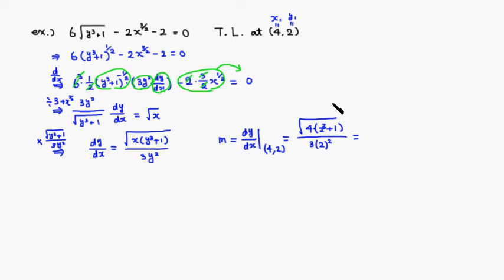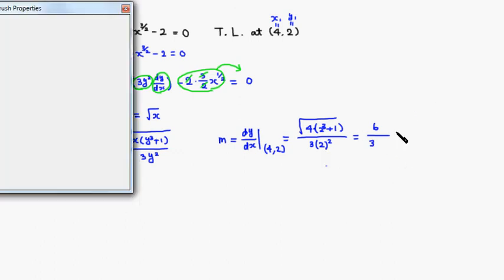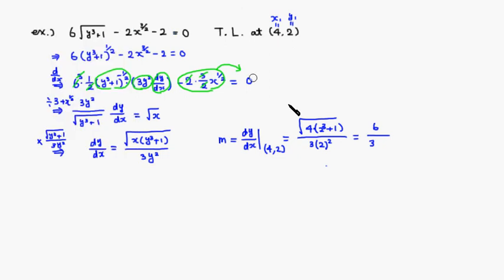The square root of 36 is 6, and on the bottom 3 times 4 is 12. So the slope is 1/2.